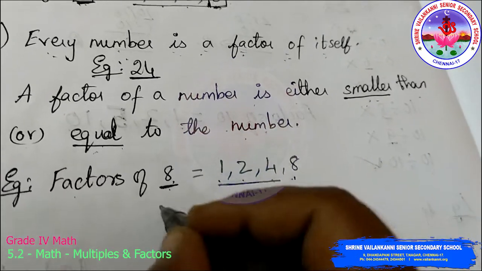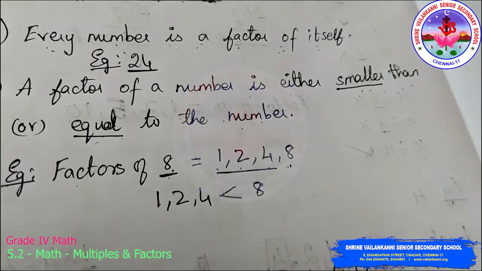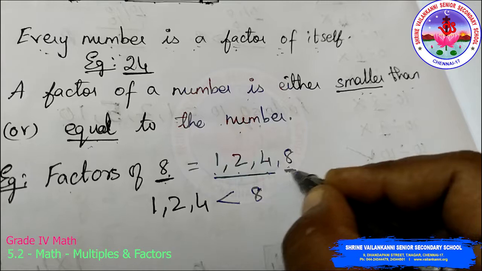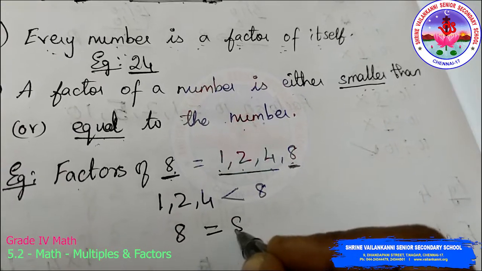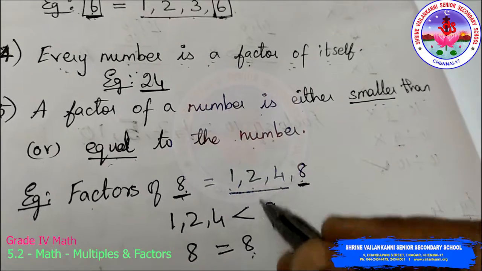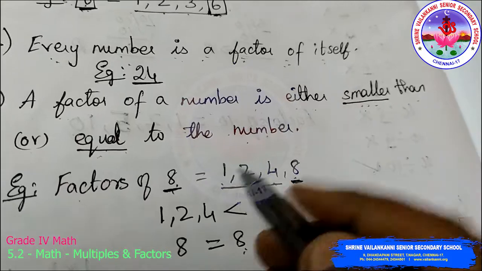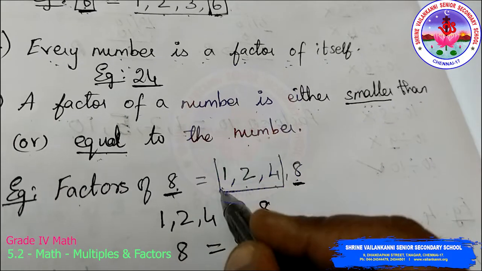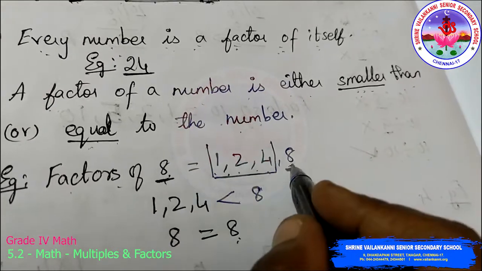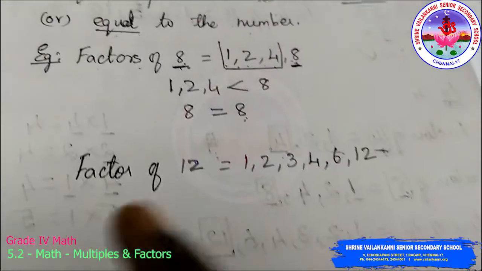These 3 are lesser than 8. And this last 8 is equal to this 8. Understood? So that is what they have meant here. A factor of a number will be either smaller than the number or equal to the number.